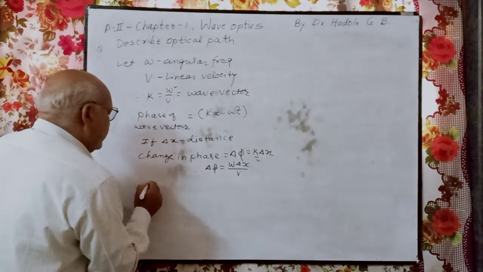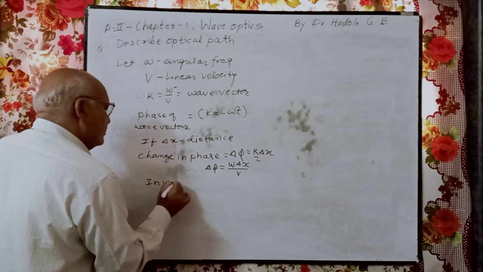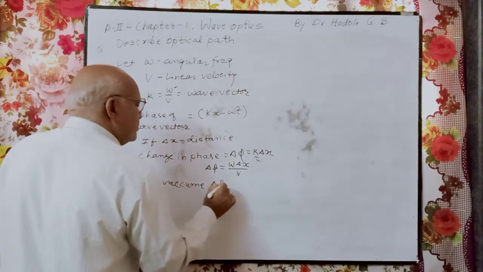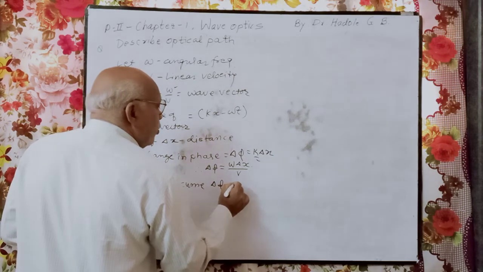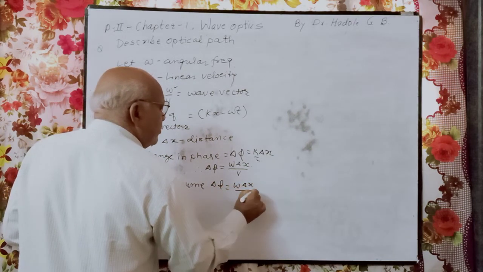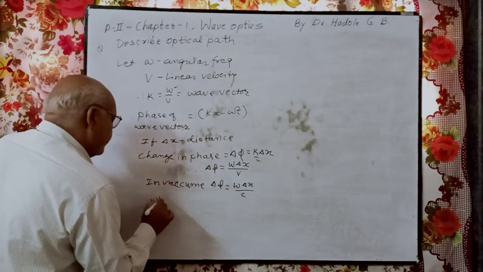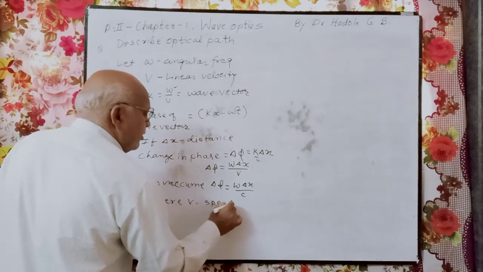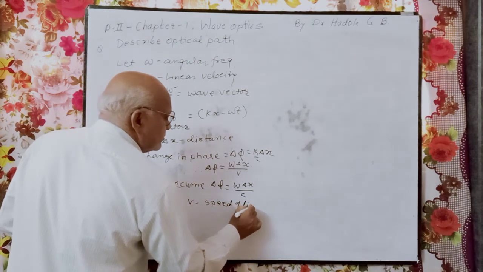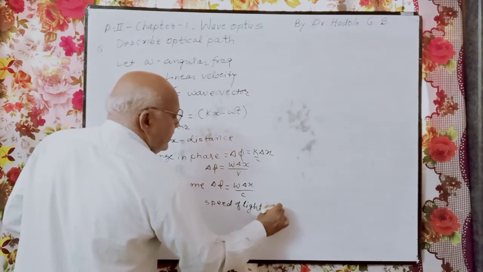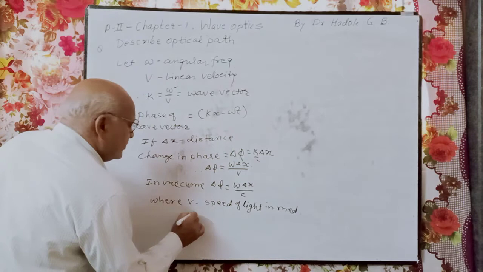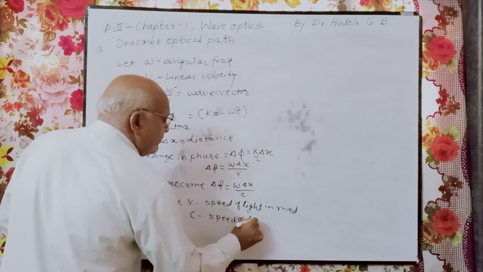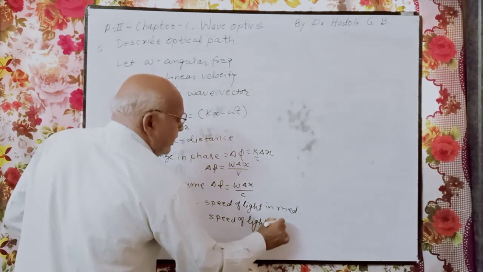In a vacuum, this delta phi or change in phase will be equal to omega into delta x upon c, where v is the speed of light in a medium and c is the speed of light in vacuum.